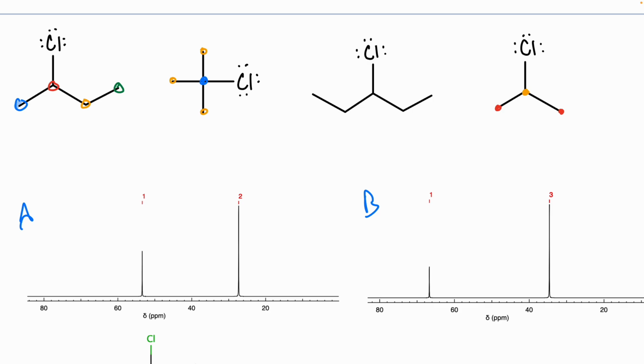In spectrum A, I have 1 carbon in this peak and 2 in this peak, whereas in spectrum B, it's 1 and 3. And I can see in this molecule there are 3 carbons in that orange group. So this will be my tert-butyl chloride, there it is. We got there.